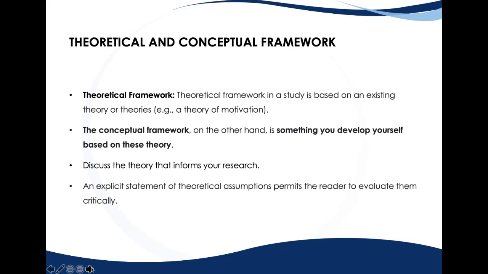So those of you who do not have a theoretical framework or conceptual framework chapter, the likelihood is that the material I'm discussing here would have appeared somewhere in your literature review. So basically, people who do mini dissertations that only have a chapter 2 but don't have a theoretical and conceptual framework, those things that relate to conceptual and theoretical frameworks can then be integrated into your literature review as types of literature, essentially.